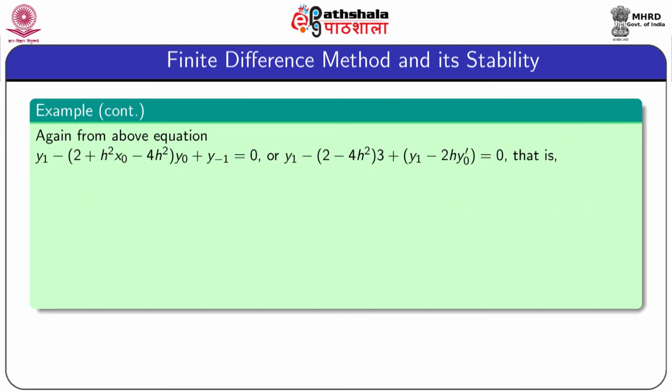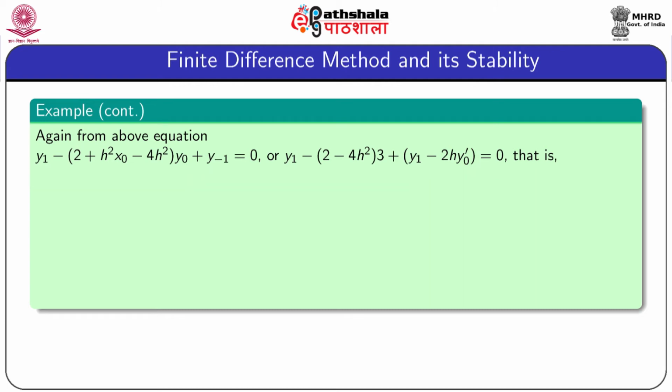Again from the general equation to find the value of yi plus 1, we get for i equal to 0: y1 minus (2 plus h square x0 minus 4 h square) into y0 plus y minus 1 equal to 0.